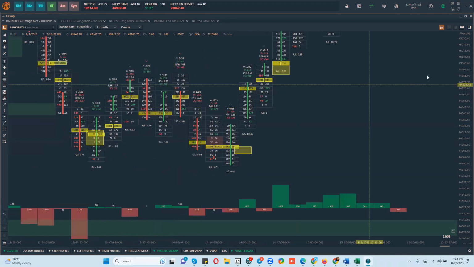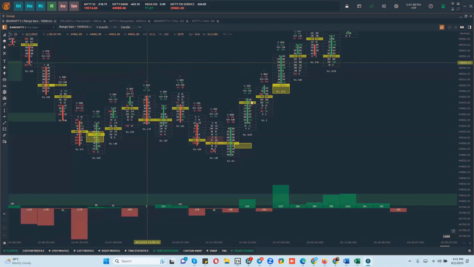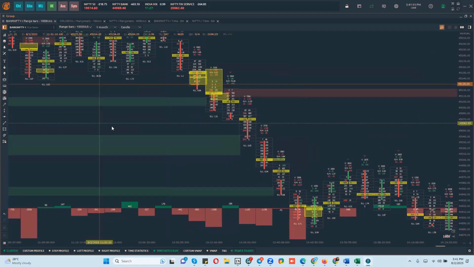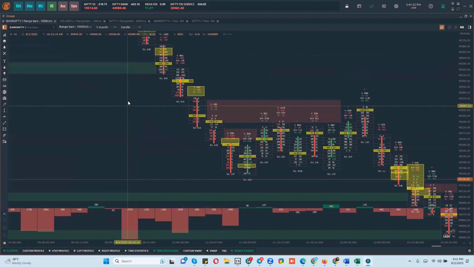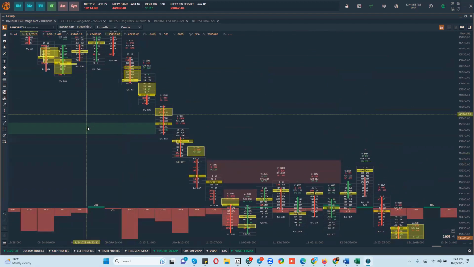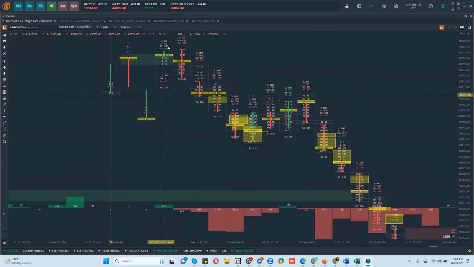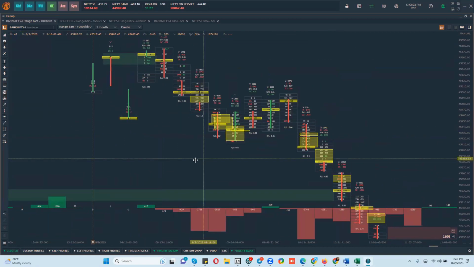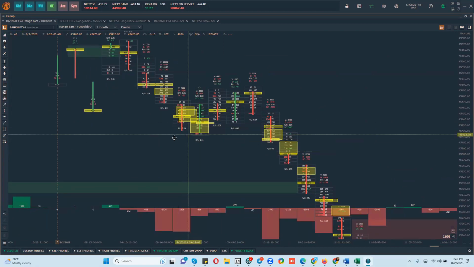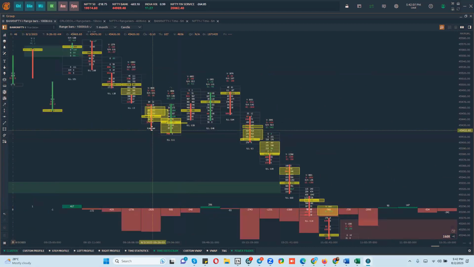Now, let's look at the entire day and where all we see such values. Let's avoid the first initial few bars, no problem. Here, in this range, you see an RL value of 0.24. But this is a red candle for me, so I don't look at it.